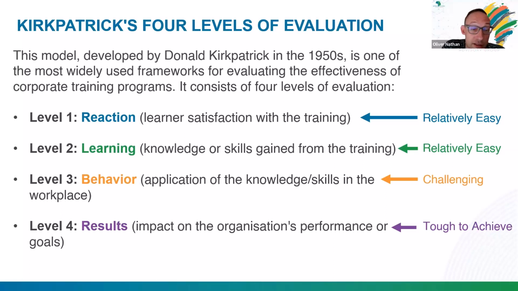And number 4, results. This is tough to achieve in terms of measuring what was the concrete result of the training. How might we go about measuring the impact on the organization's performance or their goals as a result of the training? How do we know that this is not down to some other factor that maybe we didn't consider in terms of gauging the business results of the training program?